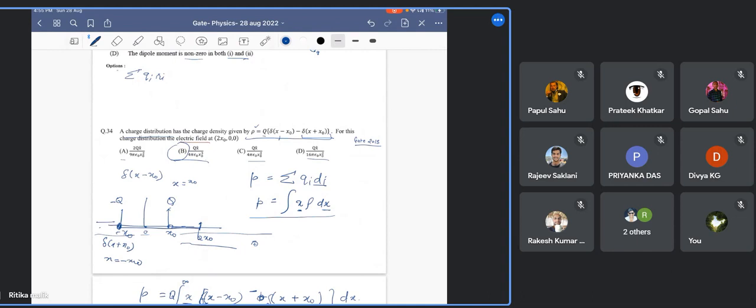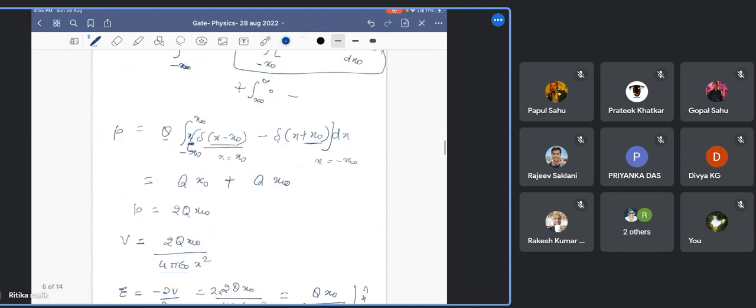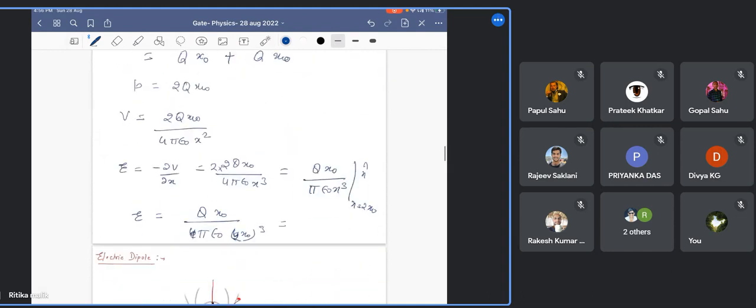Why is it saying 4 pi epsilon naught x cube? The correct answer will be q upon 8 pi epsilon naught x naught cube here, so then it will be x naught square in the x direction.